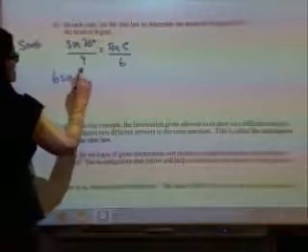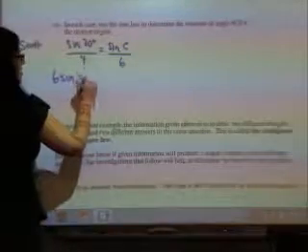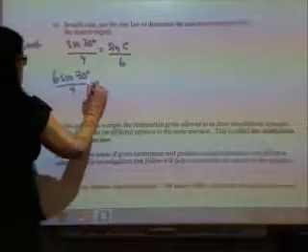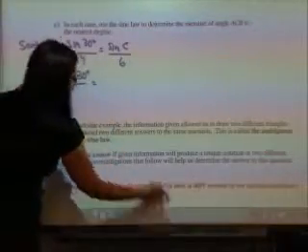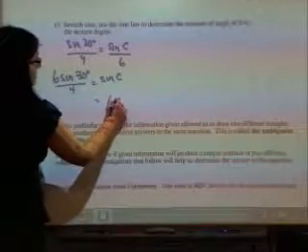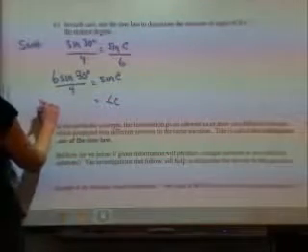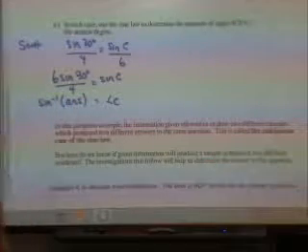I get 6 sine 30 divided by 4 equals sine C. And to figure out what angle C is, I would have to inverse sine this answer. And what do you get when you do that?